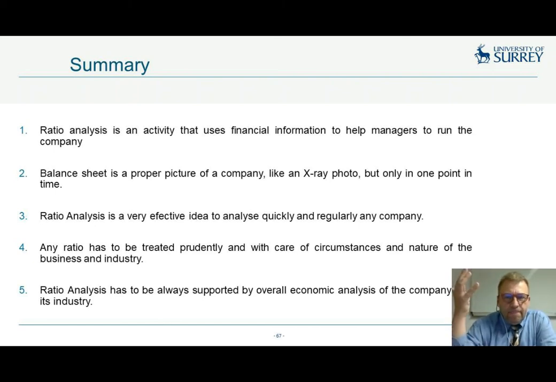Because we use the data from the financial statements, basically the balance sheet and the profit and loss account, and we know that the balance sheet is a proper picture of the company, like a photograph, but only at one point in time, most likely on a yearly basis.